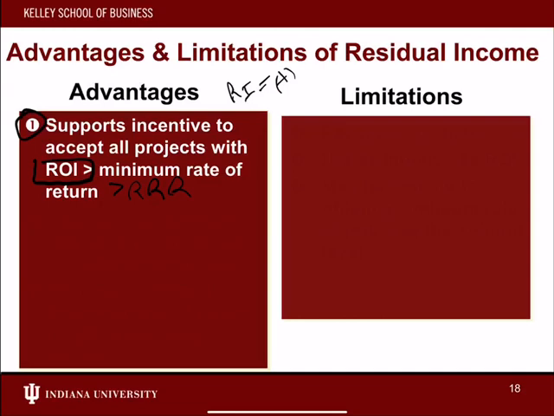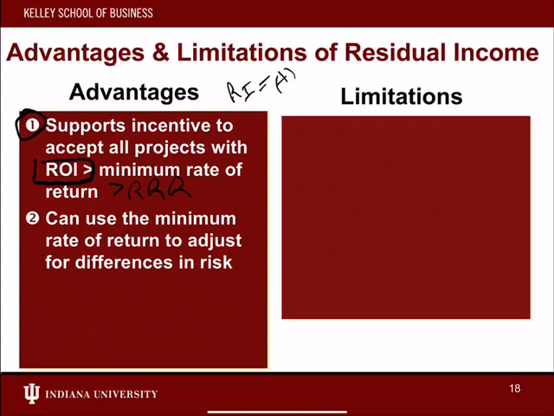We don't have to worry about a smaller project that's not as good as the current projects we have decreasing our ROI, because any positive residual income is a good thing and we'll take on that project. So it gets over that limitation of ROI.